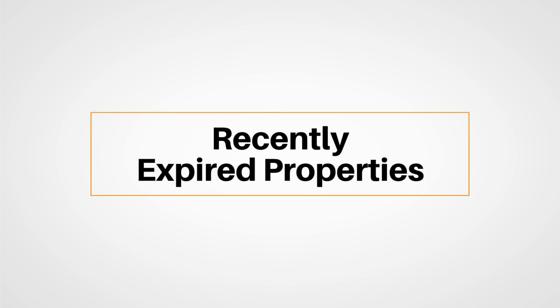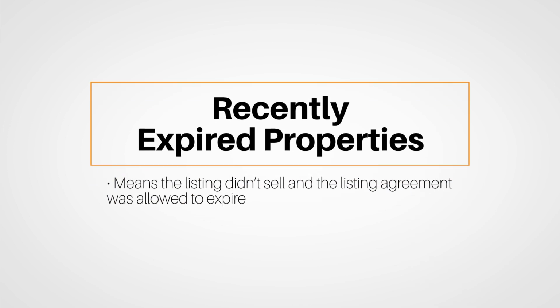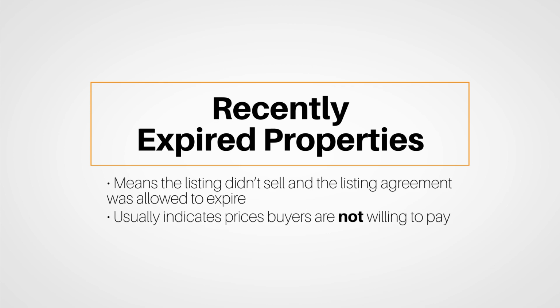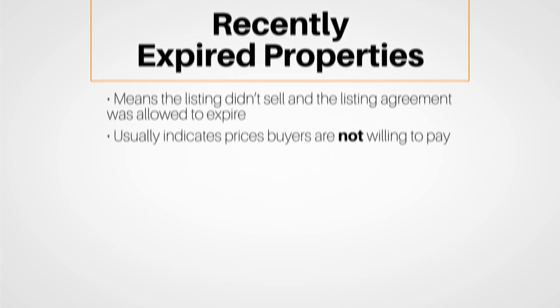Lastly, let's consider recently expired properties. While they won't show what a property value currently is, they will show what the value is not. Recently expired means the listing didn't sell and the listing agreement was allowed to expire. This usually indicates prices buyers are not willing to pay.